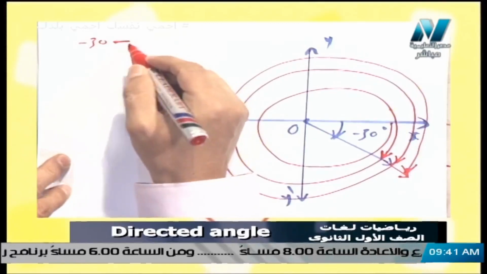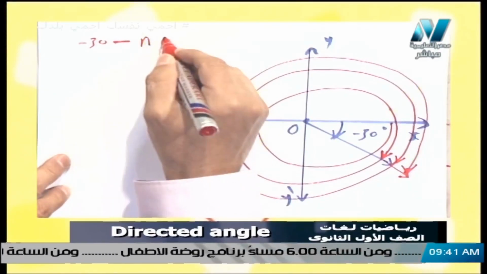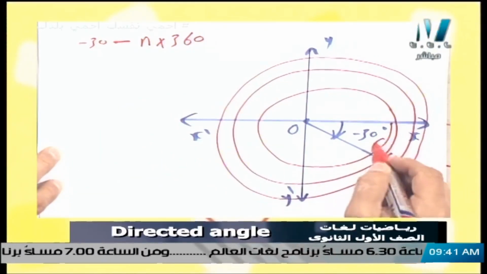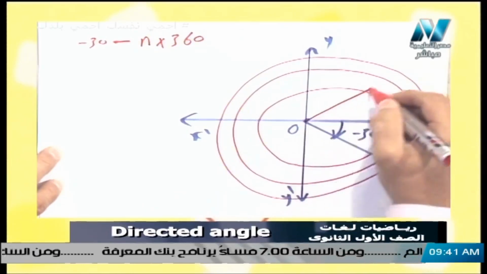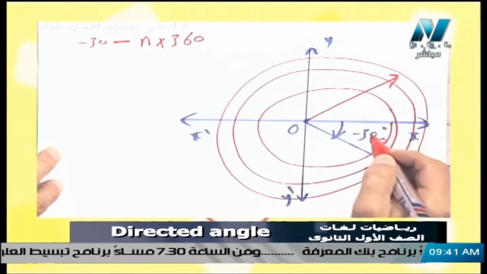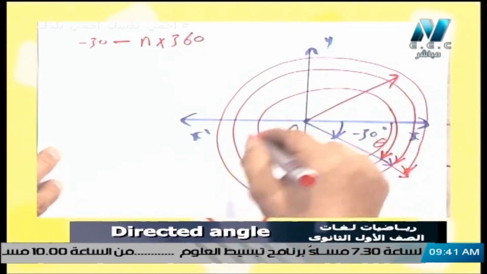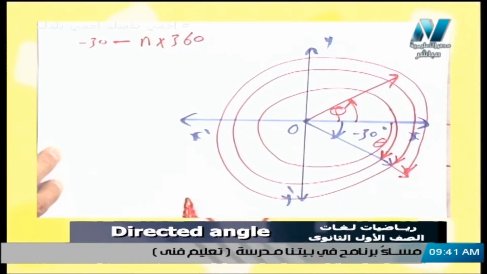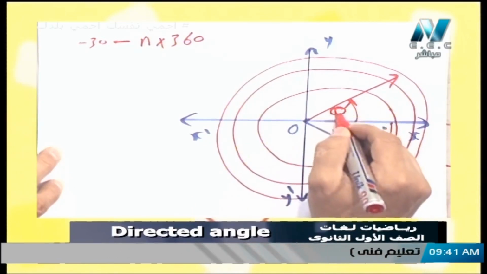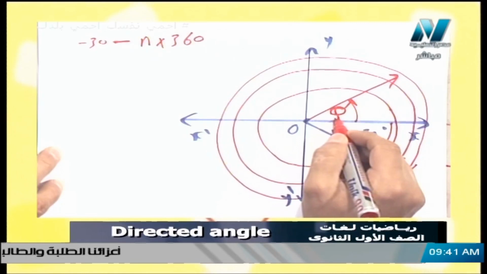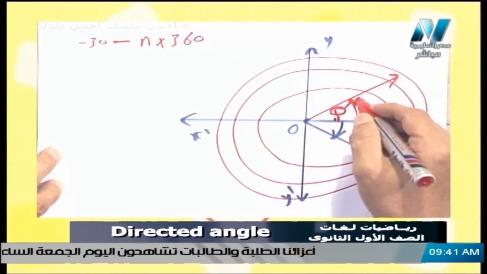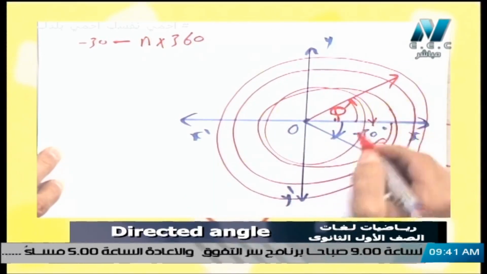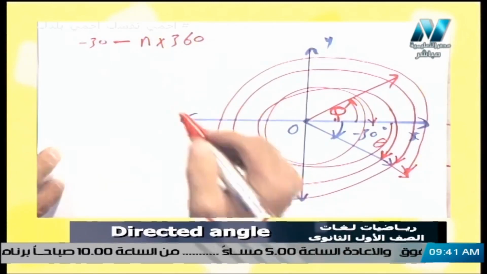So here minus n times 360, okay, or if we say theta, or even this angle, someone says it is negative, so all angles are equivalent. Now, if we have an angle here, say phi, and we go one turn and return again to the terminal side, it will be negative also.